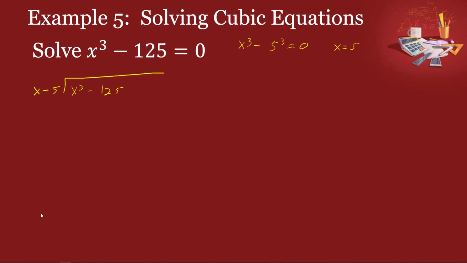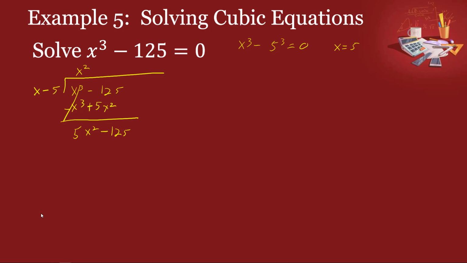And the first thing we want to do is multiply x − 5 by x². If we do, we will have x³ − 5x². We can change the sign and add, and if we do, these cancel. We have 5x² − 125.